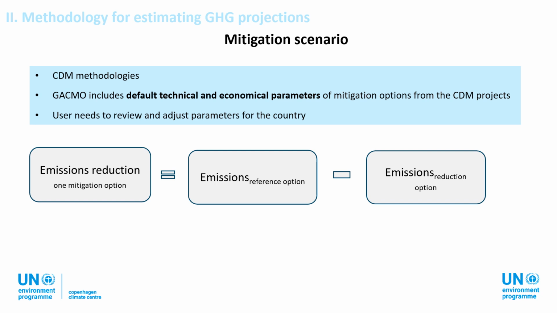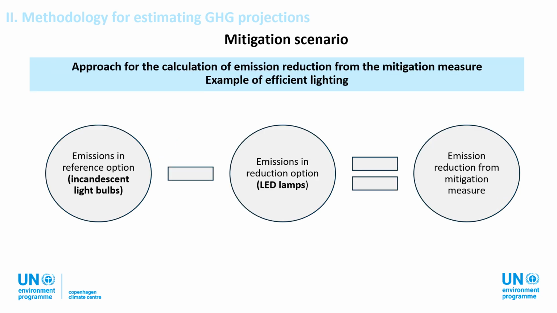Emission reduction of one mitigation option is estimated as a difference between emissions in the reference option and emissions in the reduction option. The approach follows CDM methodology, and it includes default technical and economical parameters from the CDM database. However, we recommend the users to review and adjust parameters for the country.